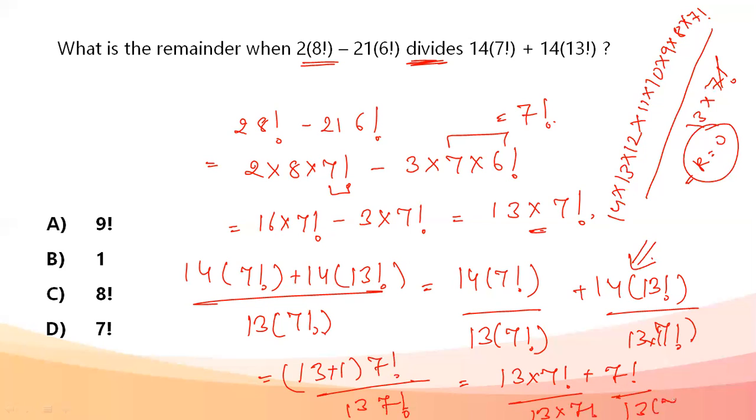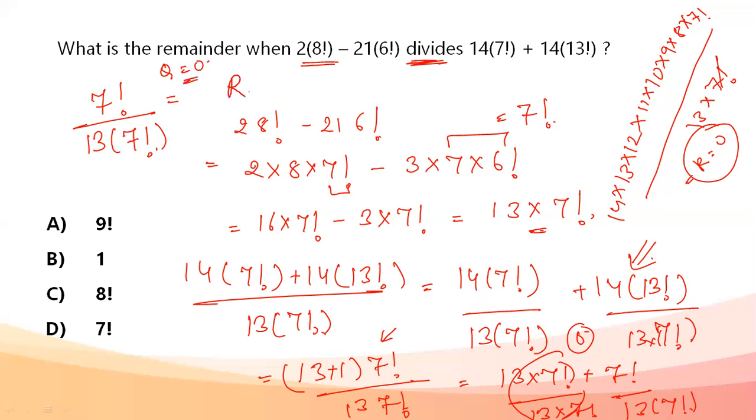Okay, so my remainder finally from this term is 0, but I am getting a remainder as 7 factorial. 7 factorial is what finally remains because 7 factorial, if I divide by 13 into 7 factorial, I cannot cancel out and write it as 1. These 7 factorial, again, it creates the same issue. I cannot cancel out both of them. So, this will give me a quotient as 0 and my whole remainder comes out to be 7 factorial. My answer is D, 7 factorial.